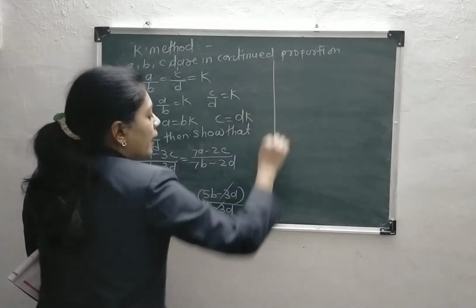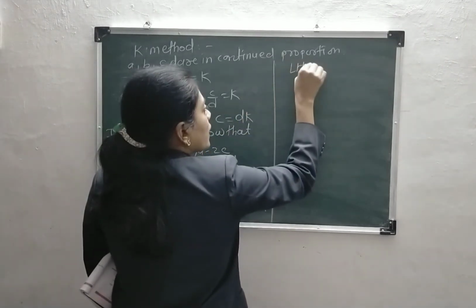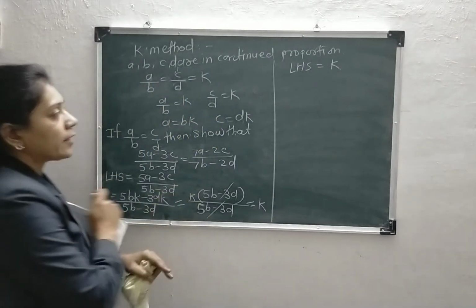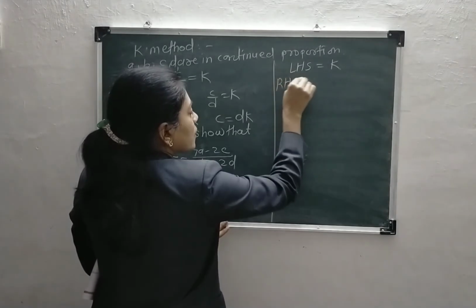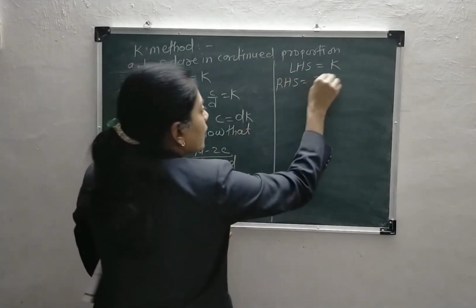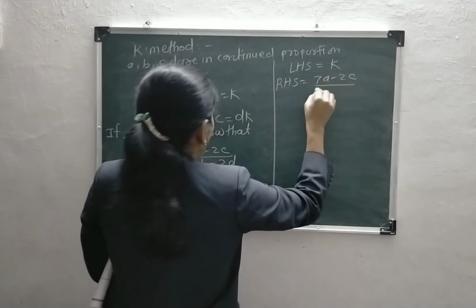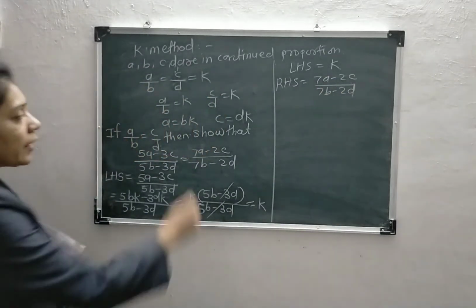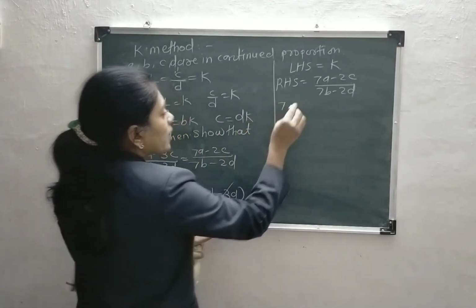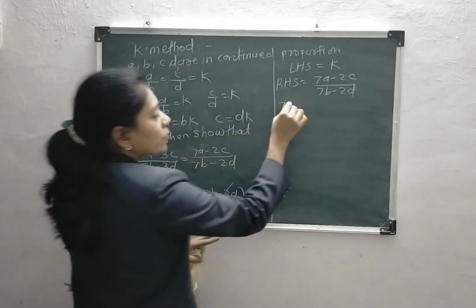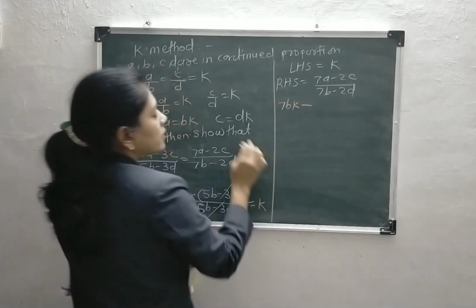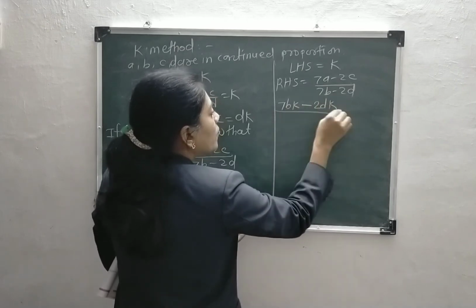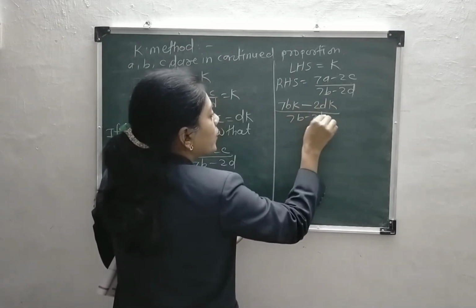Means the left hand side is equal to K. Let's see the right hand side. RHS is (7A minus 2C) upon (7B minus 2D). Substitute A and C values here: 7 into BK, minus 2 into DK, upon 7B minus 2D.